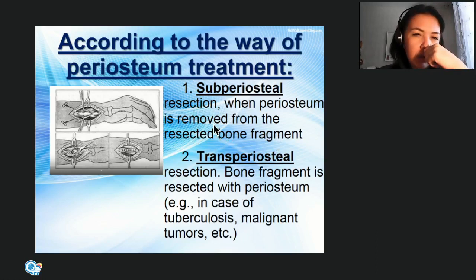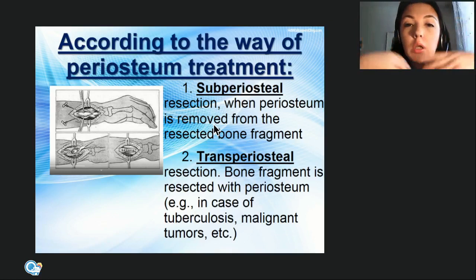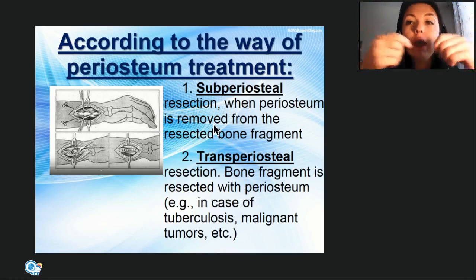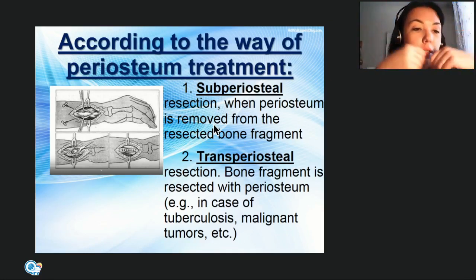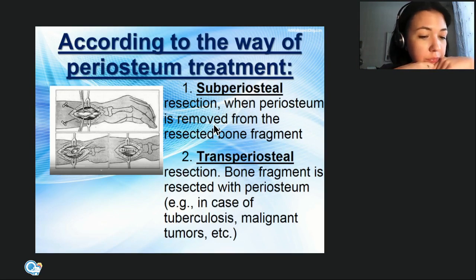Maybe it's not quite correctly written. It means that we do not involve the periosteum in our interventions. Anyway, we have to dissect the periosteum, and then we take these special instruments, which we also saw at our surgical museum, like Farabeuf retractors.